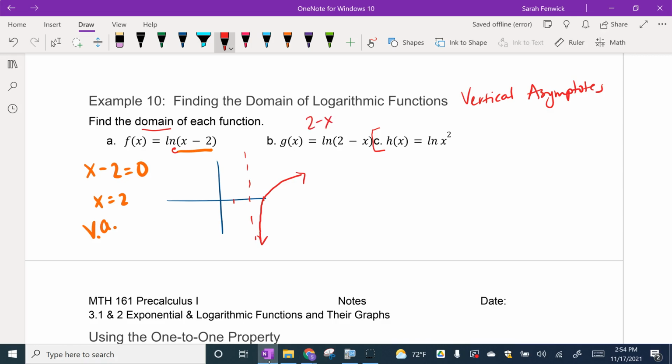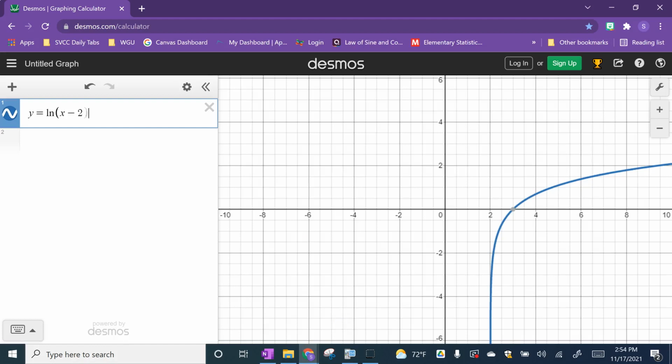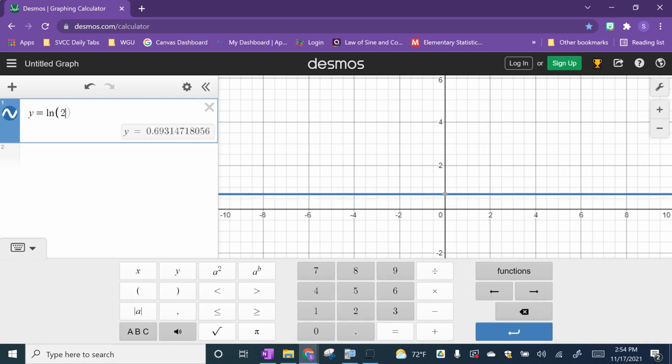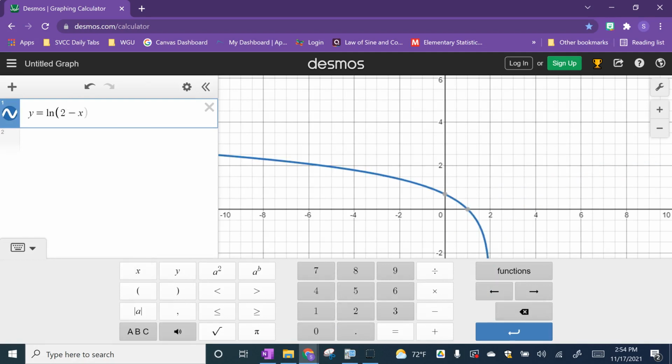All right, let's do our others real quick. Here, if we did 2 minus x equals 0, 2 equals x again. So x equals 2 is my VA. Oh, my domain here was from 2 to infinity. Looking at 2 minus x, let's graph that and see if that's different. Oh, that turns us around, doesn't it?